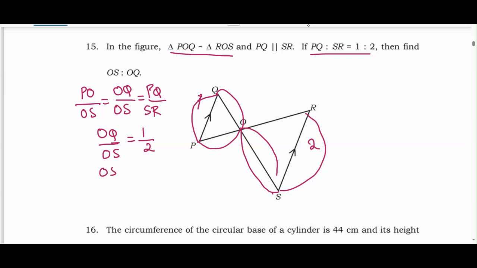Then OS by OQ will be 2 by 1. So the ratio will be 2 is to 1.